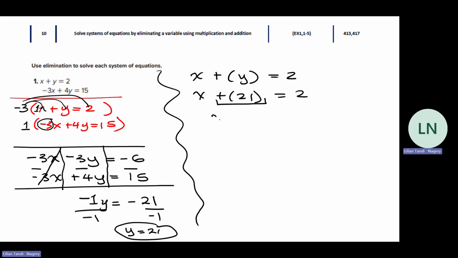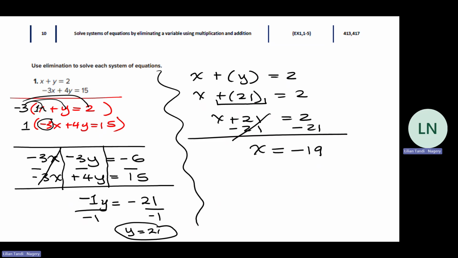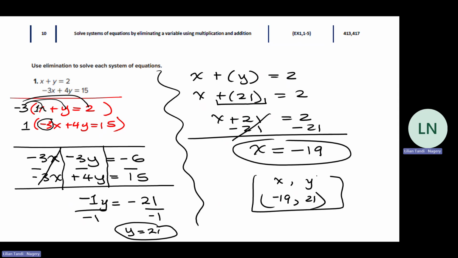Solve this. X plus 21 equals 2, minus 21 on both sides. X is negative 19. 2 minus 21 will give you negative 19. And then you write your answer. X comes before y, negative 19, 21, and you box your answer.